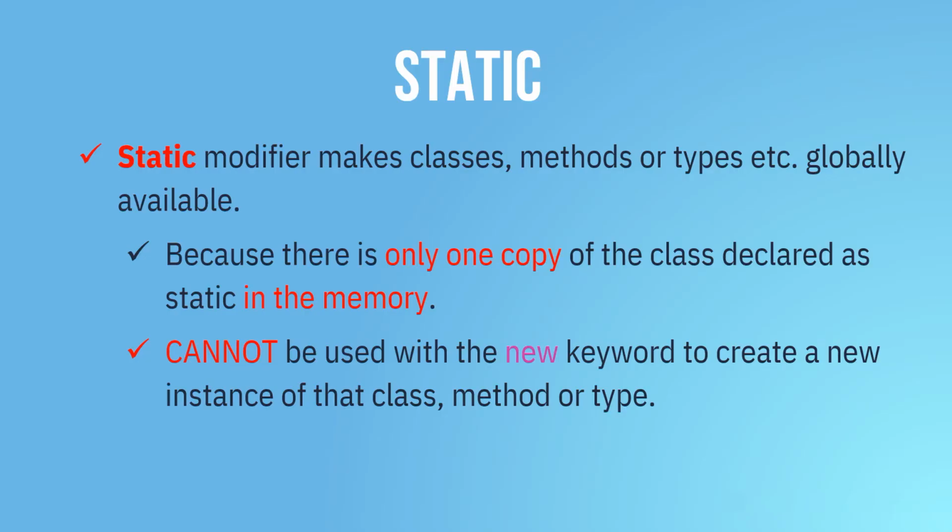Static is also a modifier, but it's a special modifier. It could make a class, a method, or a type globally available. There will be only one copy of that class, method, or type in the memory. So static items cannot be used with the new keyword to declare a new instance of that item.